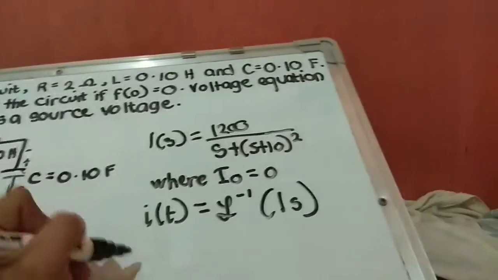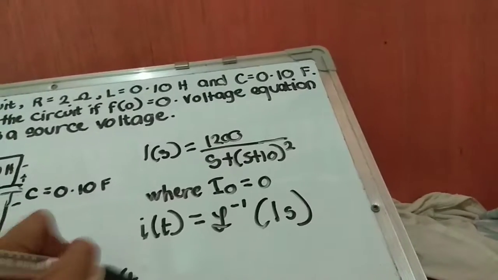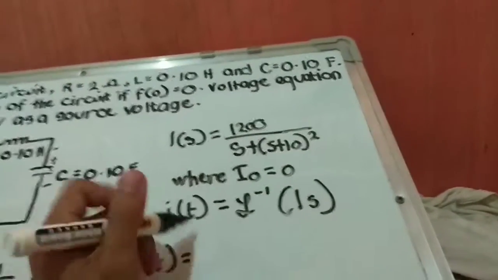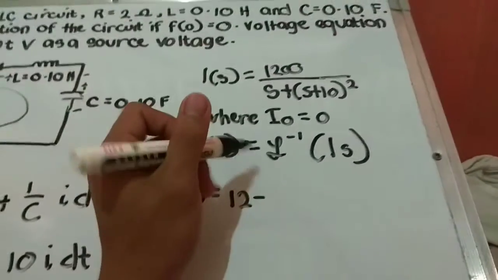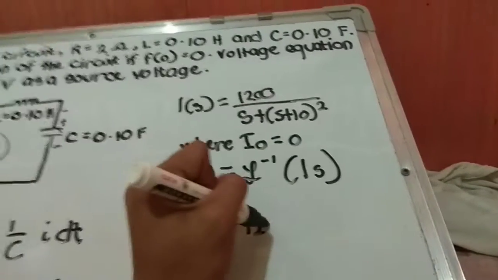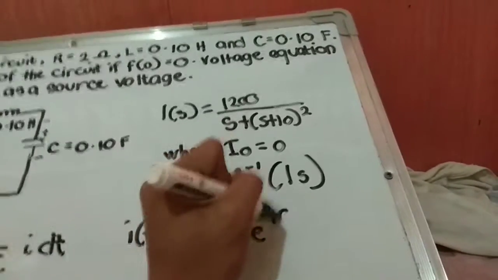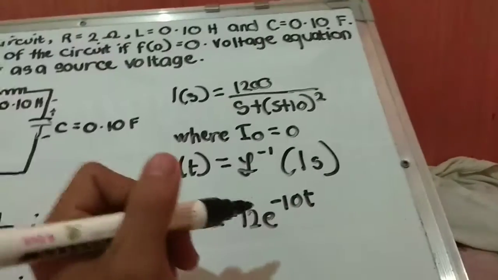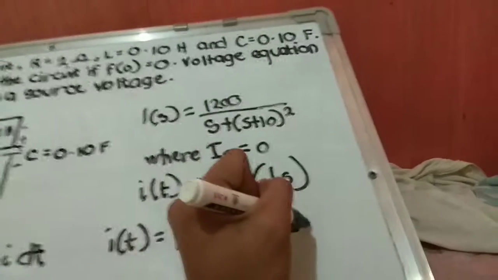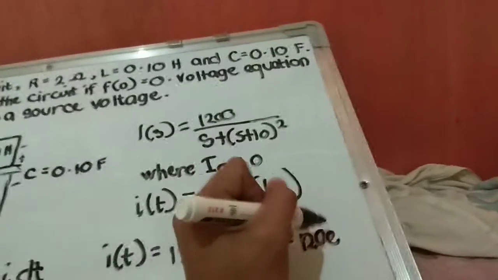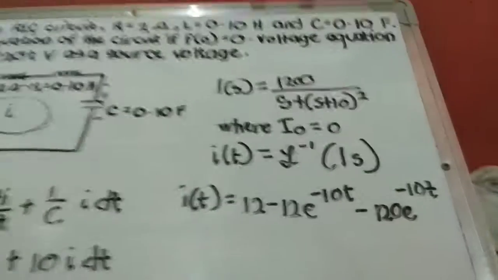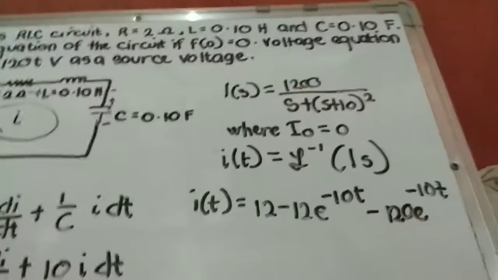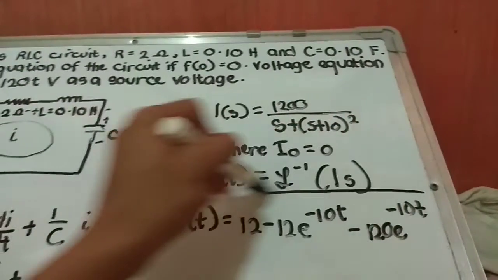So i in terms of time is equal to 12 minus 12 e to the power of negative 10t minus 120 e to the power of negative 10t. By further evaluating the values, we will get the result here.